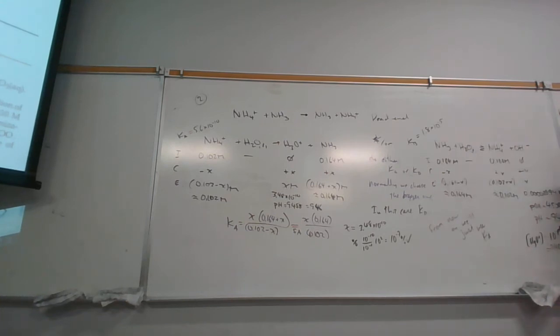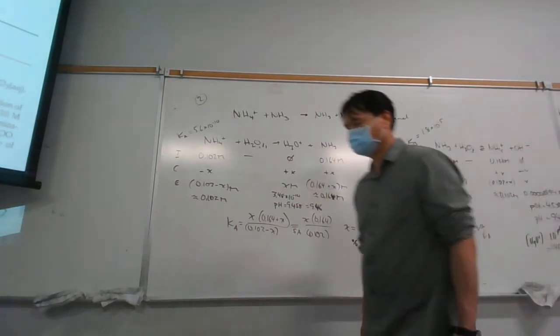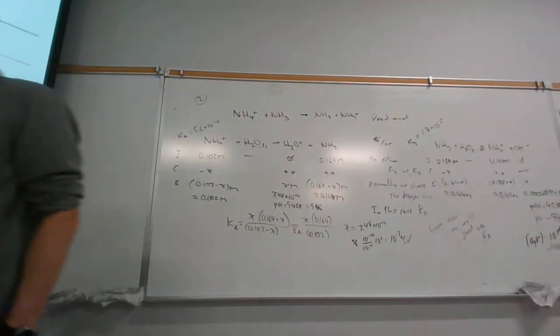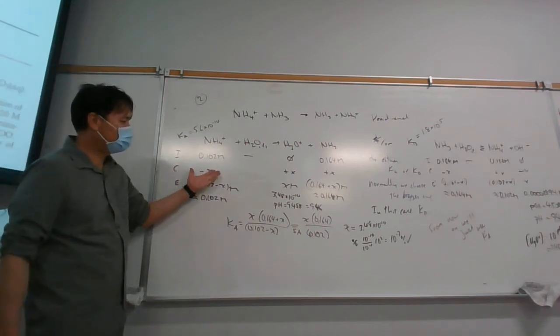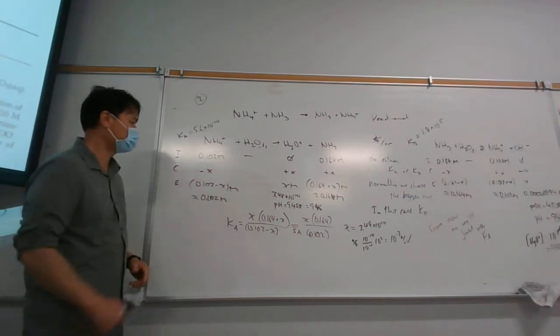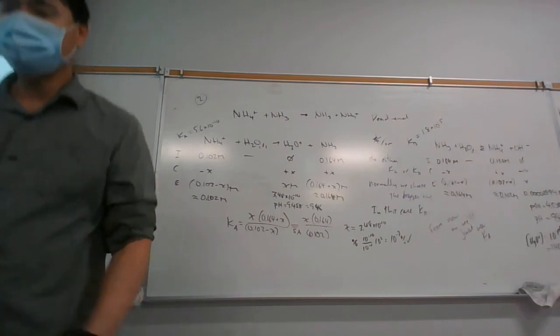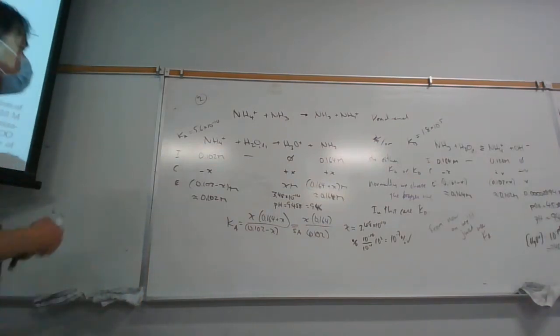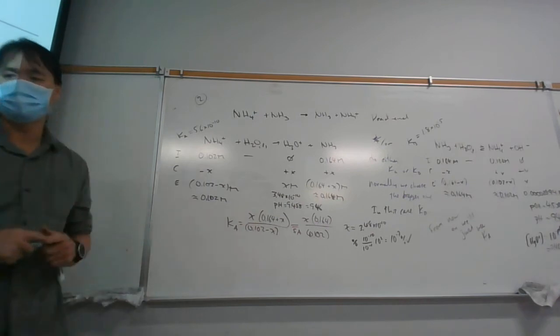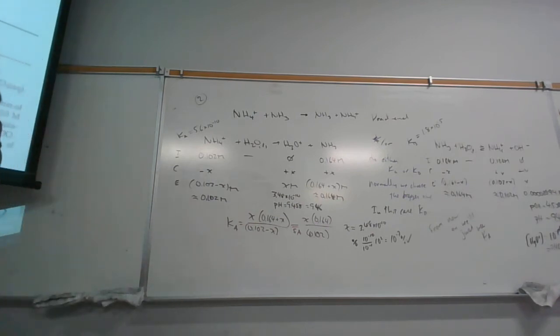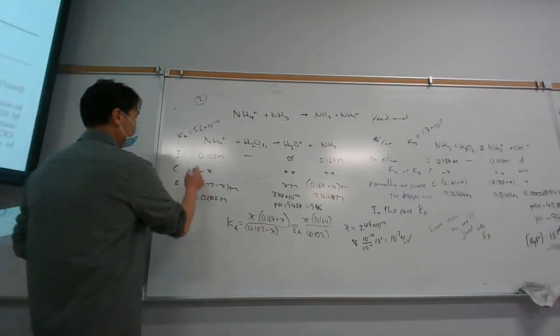All right, so a couple of things to note here. One, the common ion effect usually means that the change is negligible. One thing we notice in this type of problem is that the initial and the final concentration are about the same. Not exactly the same, but about the same.